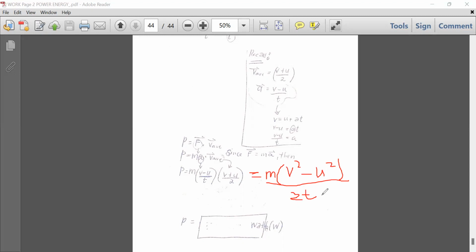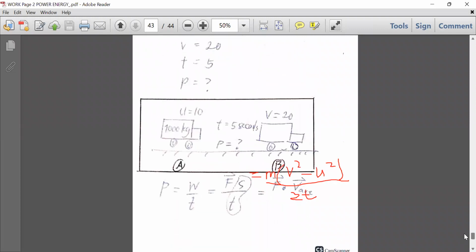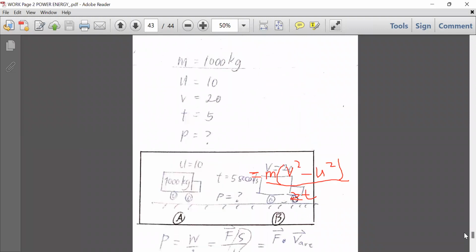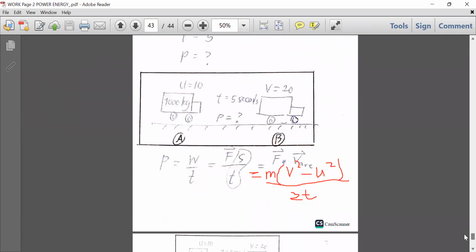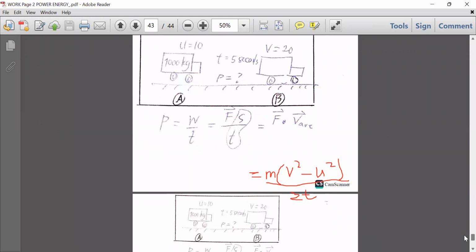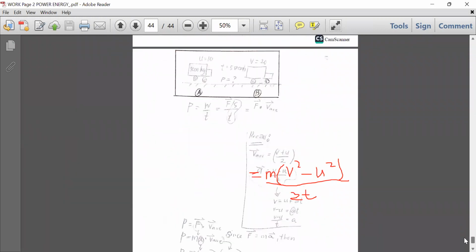Okay, you plug all the values into this equation. Let's check the values. Mass is 1000, U is 10, V is 20, and time is 5 seconds. So let's plug in all the numbers into the equation, and then let's solve.